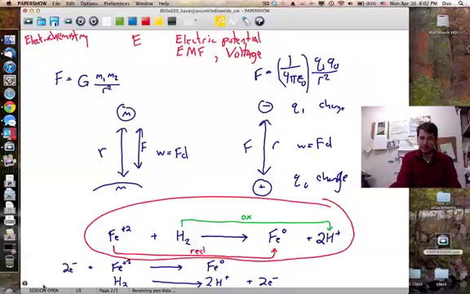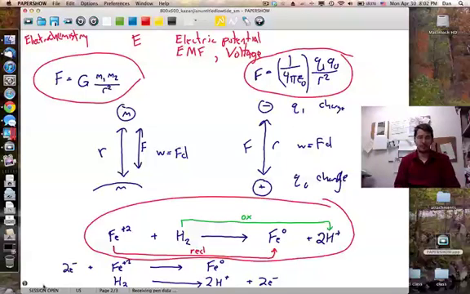But effectively, these two forces have the same basic form. So we can think of the ability to push charges around with some sort of force as what we call a form of energy. It's a form of work, that act of moving charges around. So anything that can move a charge around, we call potential.